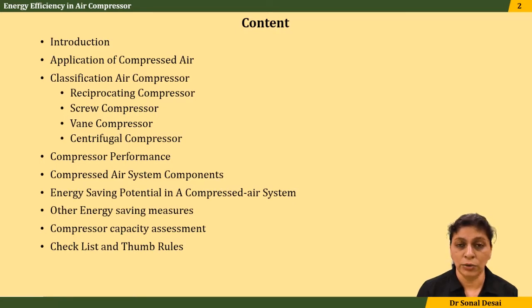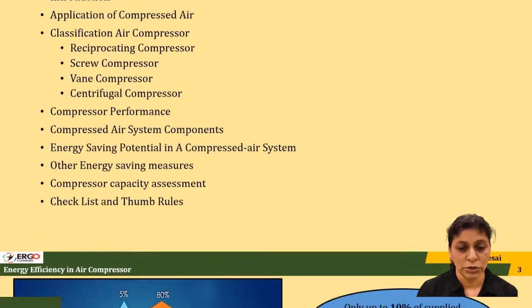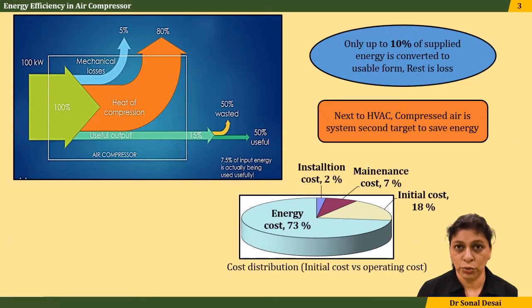Then how to have energy saving achieved in existing system or what concepts or guidelines to be observed when you are going for new compressor or compressed air system. Then how to assess the capacity of existing compressor, and lastly there is a versatile checklist which is applicable to all type of industry. So just to go through the content, it is like this.